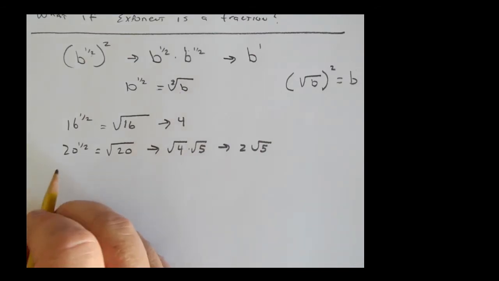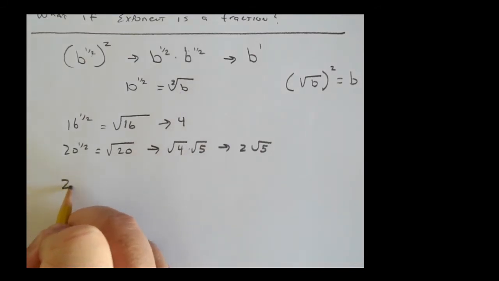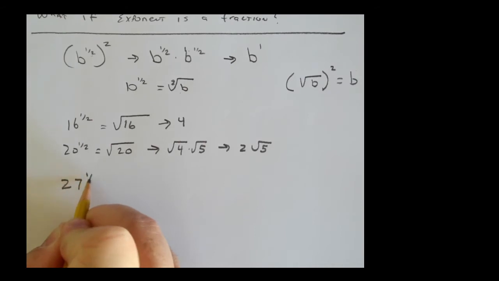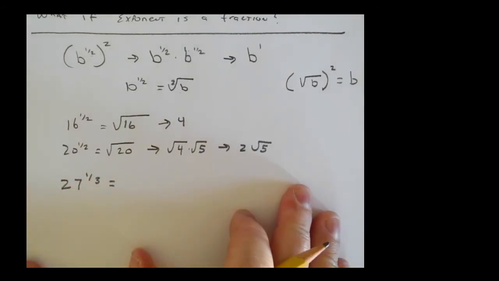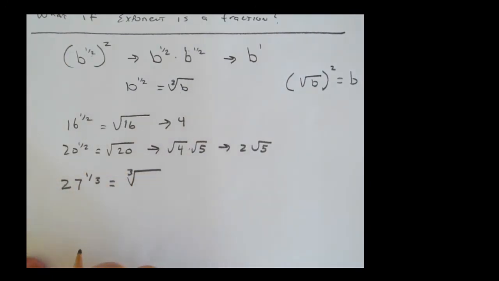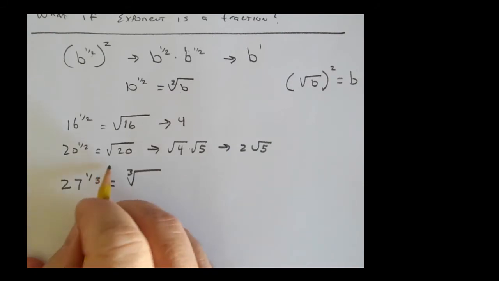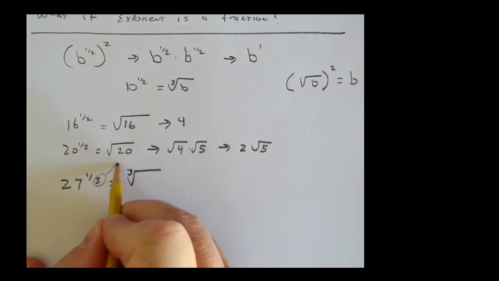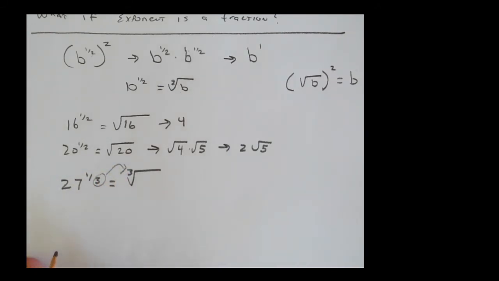Okay, so what if we had 27 to the 1/3 power? Now it's not just 1/2, it's 1/3. So that means we're dealing with the cube root, because whatever is here is going to go there.